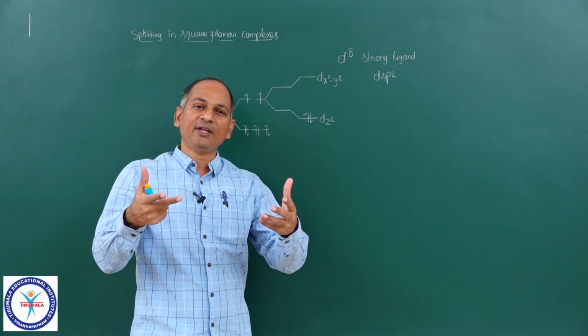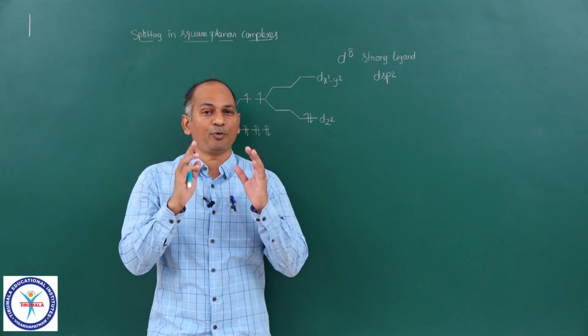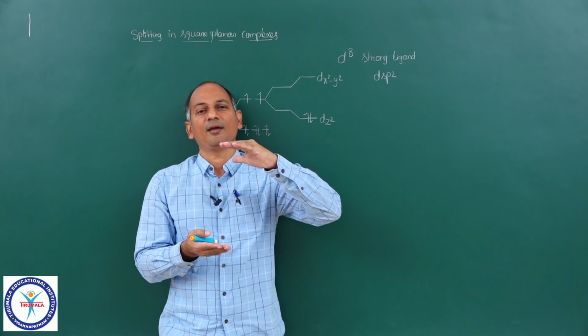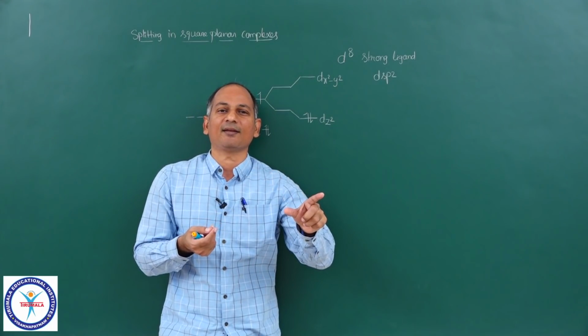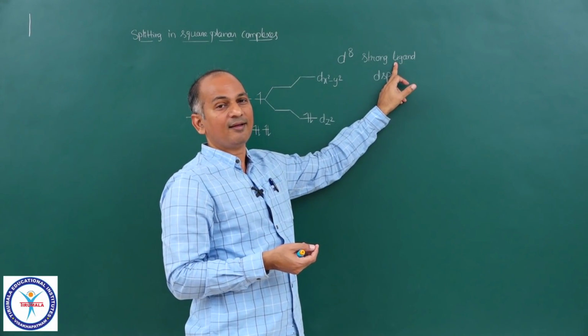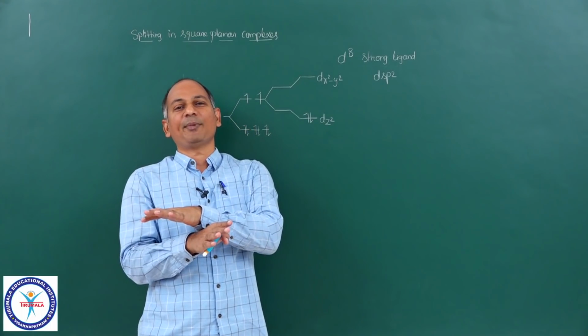So for 4d, 5d elements, as we have already seen in the previous discussion, their polarizing power is very high. So crystal field splitting is also very high, because crystal field splitting is directly proportional to the polarizing power of the cation and polarizability of the anion, that is the ligand. So either the ligand is strong or the polarizing power of the central metal ion is greater.